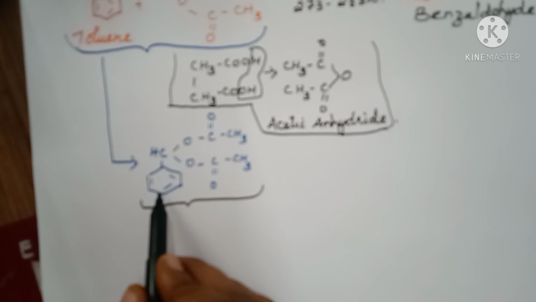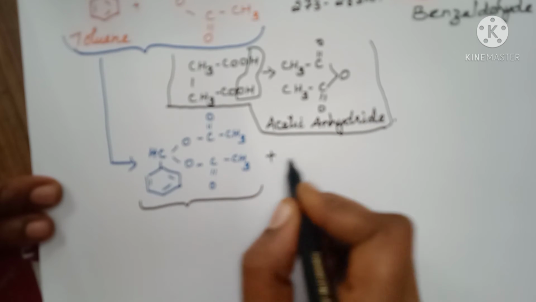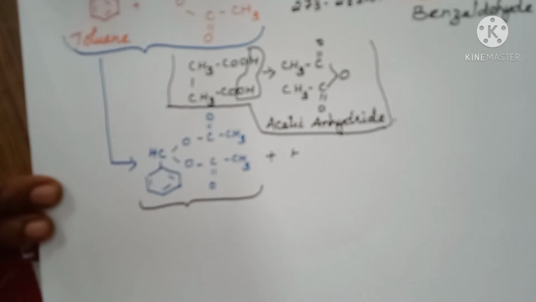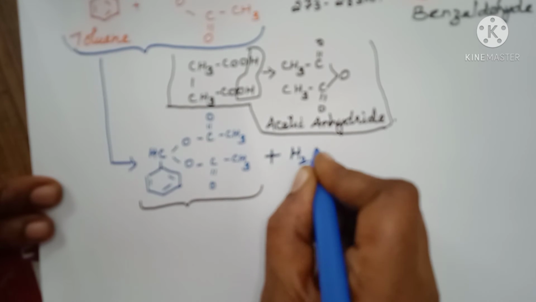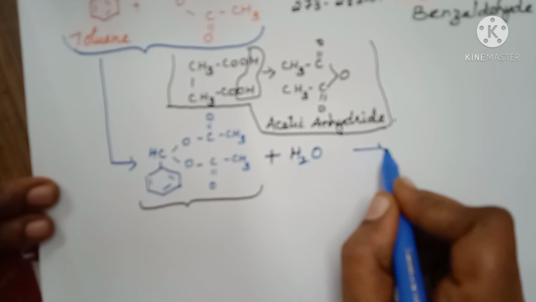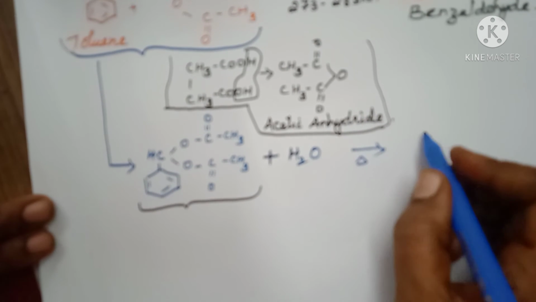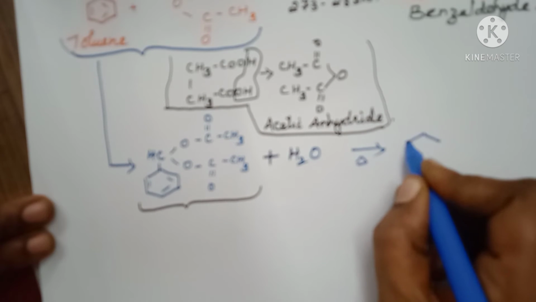Okay, now this is the intermediate compound we have received. In that, hydrolysis takes place with water molecules, H2O. So here what happened while heating? Here you are receiving the direct benzaldehyde.